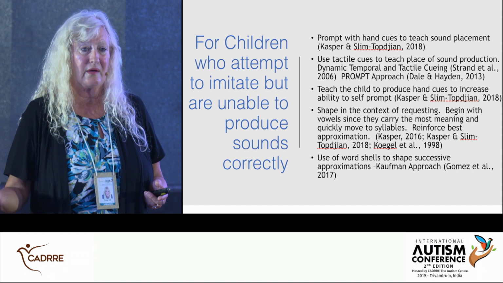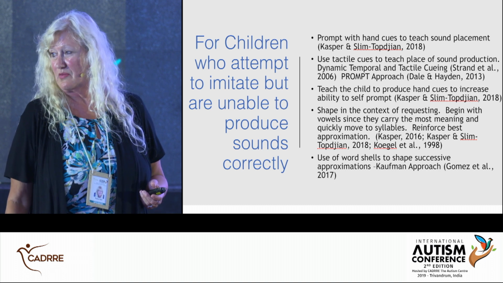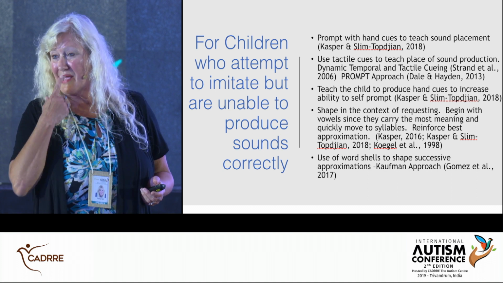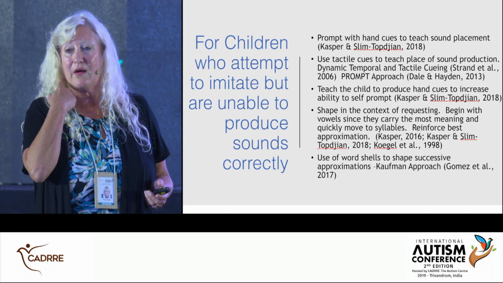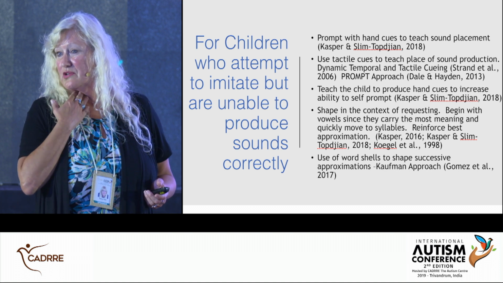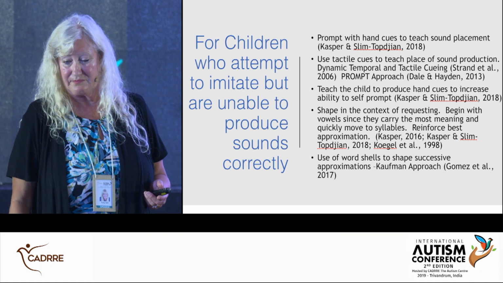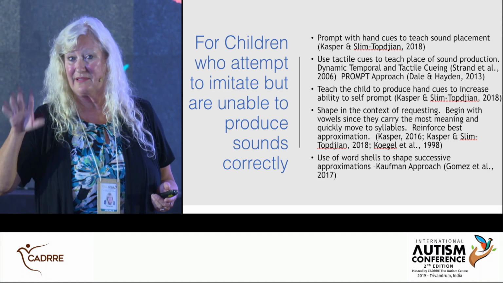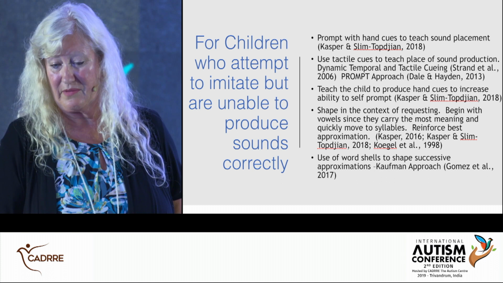We use the hand cues from Easy Does It for Apraxia, and have used those for a long time. Then using tactile cues, touching the part of the mouth where they're supposed to make the sound can be helpful. Lena and Tammy have also found that teaching the child to imitate the hand cues allows them to prompt themselves.